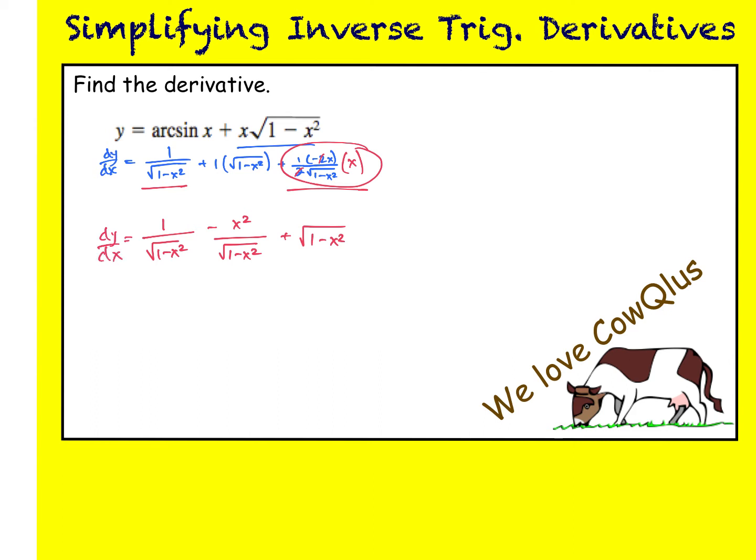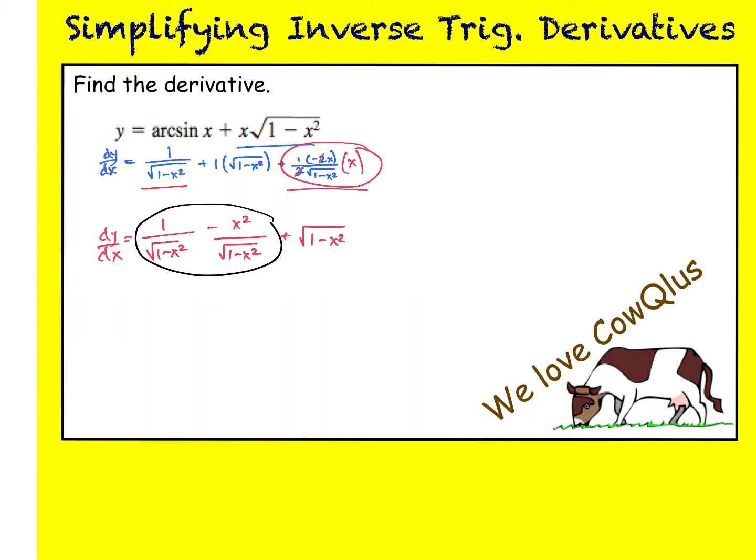So what's happening right here? What's happening in my first and second term now? They're common denominators, so that's nice. So what's in my numerator? 1 minus x squared. So I have 1 minus x squared over square root 1 minus x squared. So what is that? I have a power of 1 over a power of a 1/2, basically.